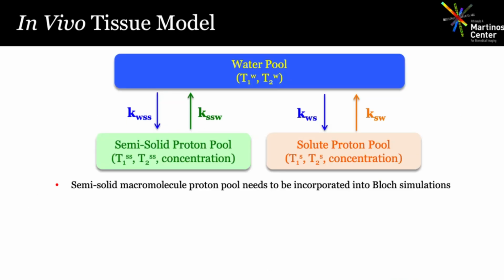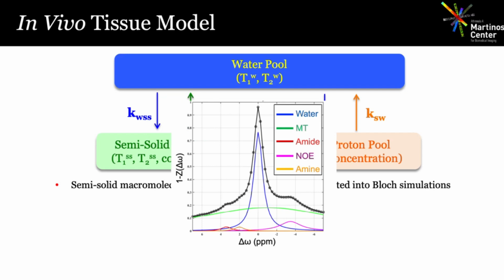Now, of course, once you go in vivo, things become a little more complicated because you don't just have, say, an amide proton. You also have this somewhat annoying semi-solid macromolecular pool of exchangeable protons that's very broad. So here in green, that's the MT pool. And when we saturate, say, on that amide proton, we're also going to be hitting that MT pool.